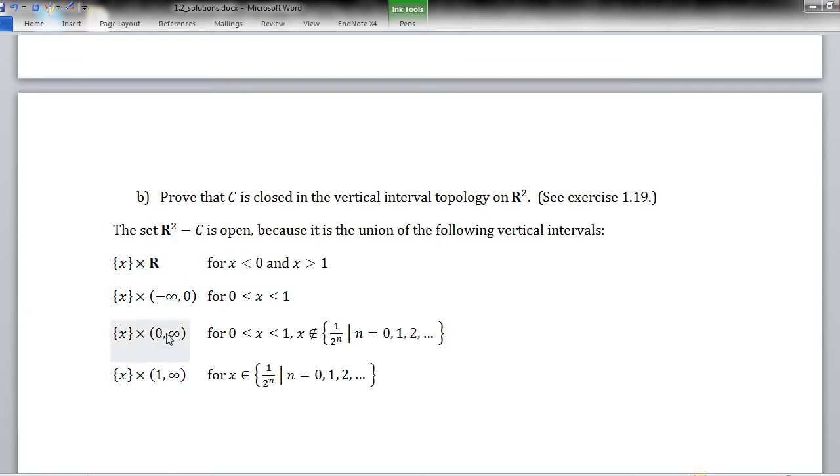And then to fill in the space between the teeth and everything above those spaces, we will take x times the interval from 0 to infinity for x's between 0 and 1, but not equal to the x values where these teeth occur, powers of 1/2. And finally, to fill in the vertical intervals above the teeth themselves, we'll take the interval from 1 to infinity for x coordinates which are powers of 1/2. All right, and that finishes the proof.